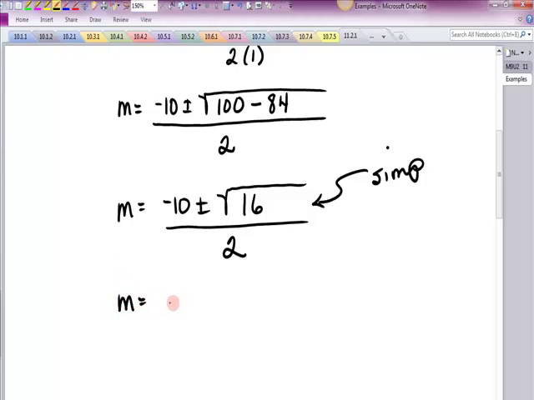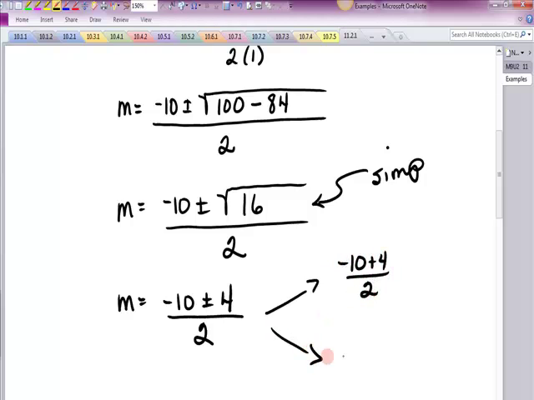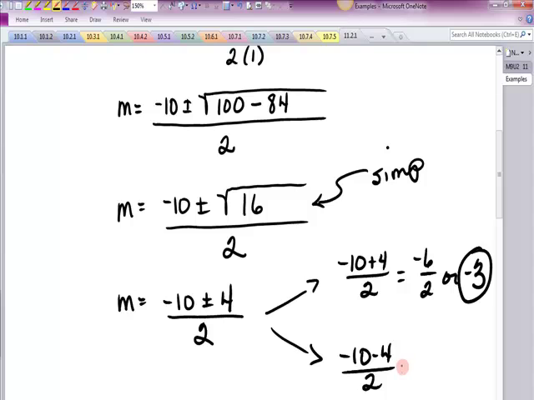I have m is equal to negative 10 plus or minus the root of 16, which is 4, over 2. Those are rational numbers, so I have negative 10 plus 4 over 2, and I have negative 10 minus 4 over 2. That's negative 6 over 2, or negative 3. That's an answer. I have negative 14 over 2, or negative 7, and that's an answer.